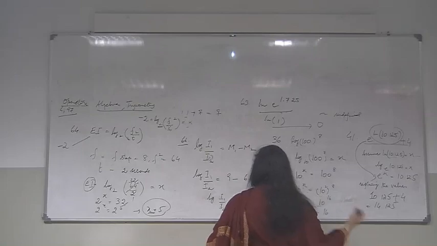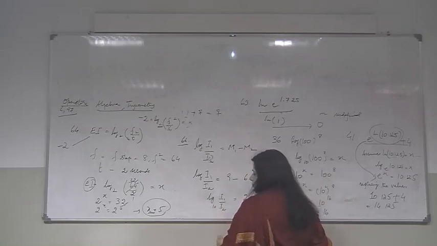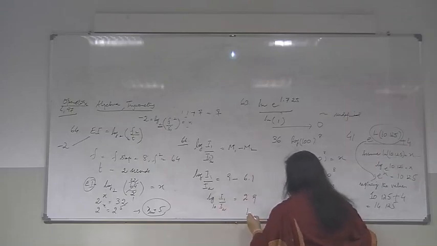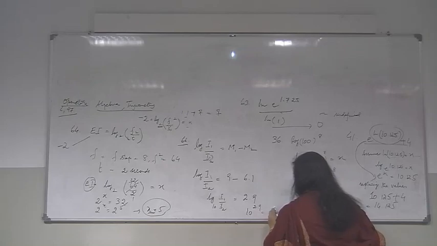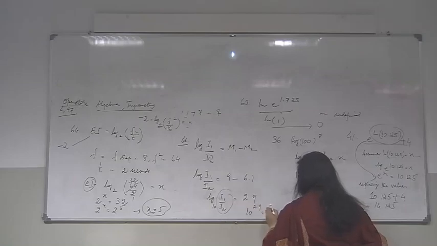Okay. So now you already know that this will be to the base 10. Anything raised to the power, to the base 10, would be expressed as I1, and this whole thing, like I said, is some value x. You can simply write that, and then replace the value of x as I1 by I2.